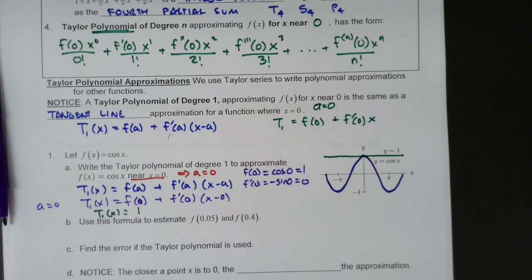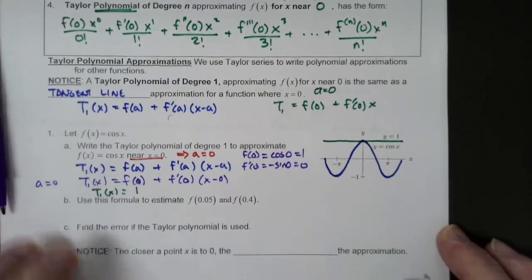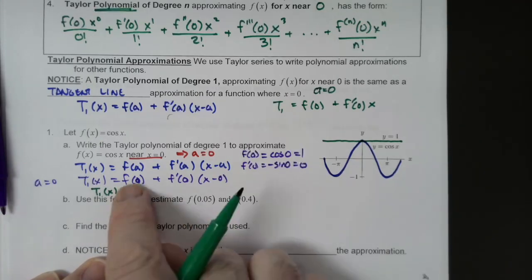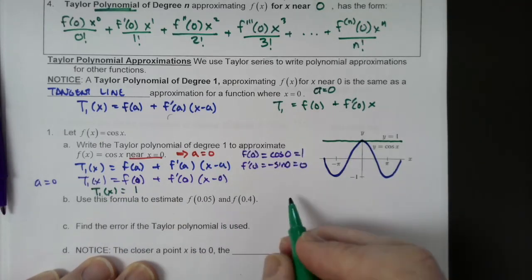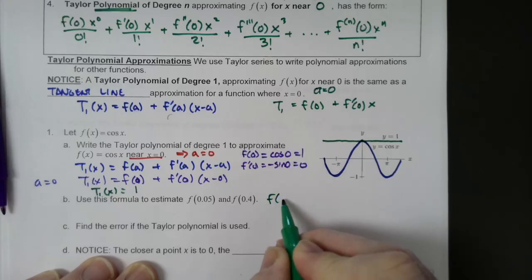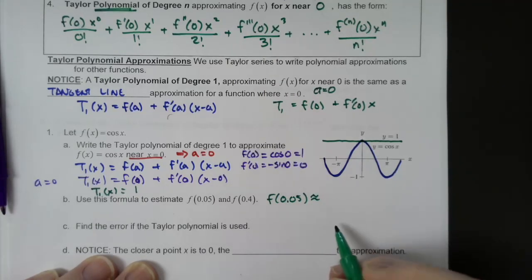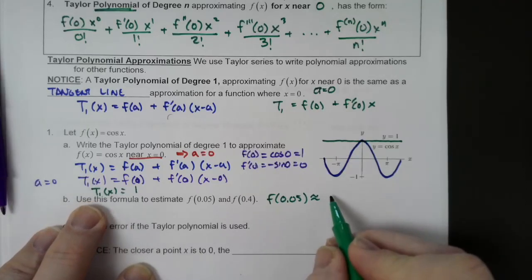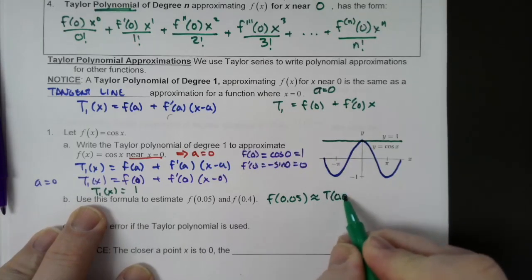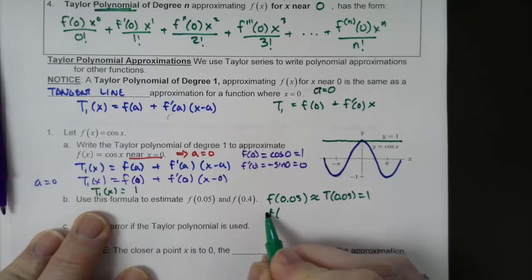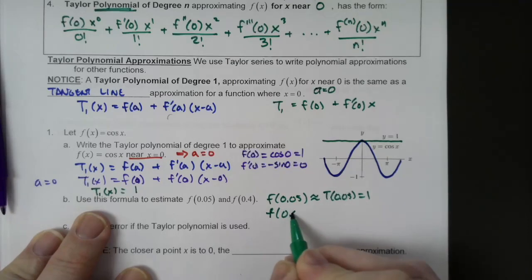So, if we wanted to estimate the value of our function using this, we would say that f of 0.05 is approximately equal to our tangent line equation at 0.05, which is going to be 1. That's pretty lame. How about at 0.4?